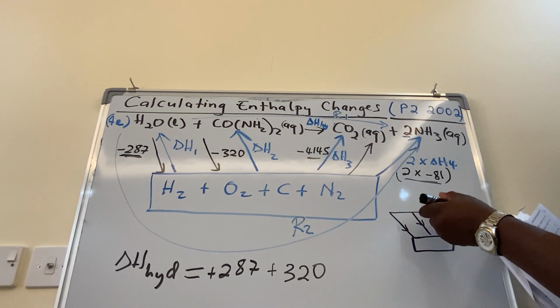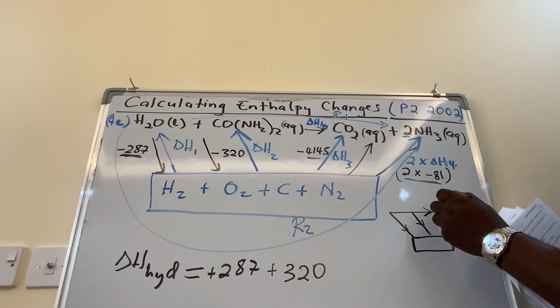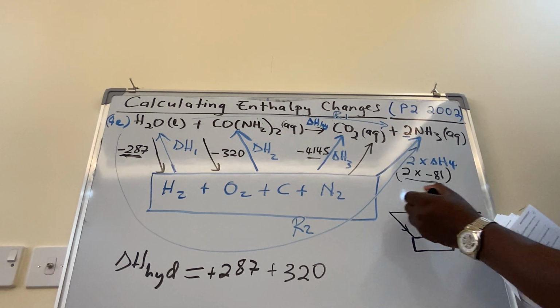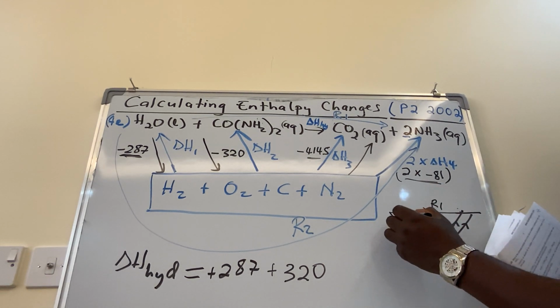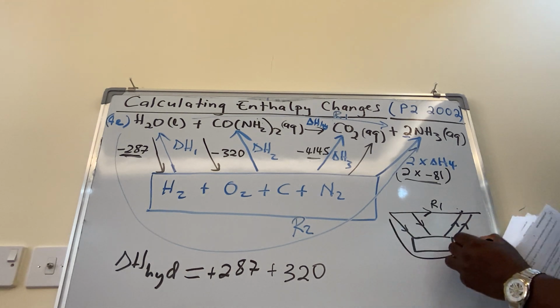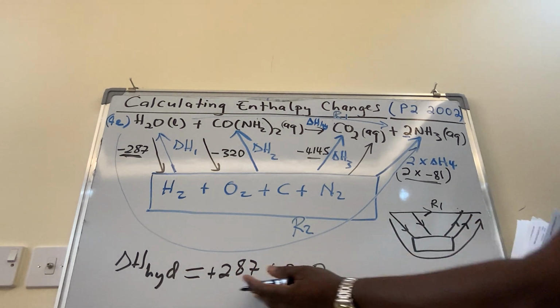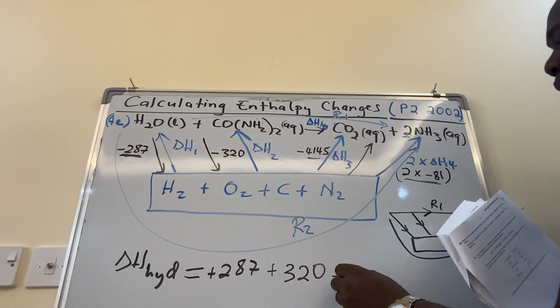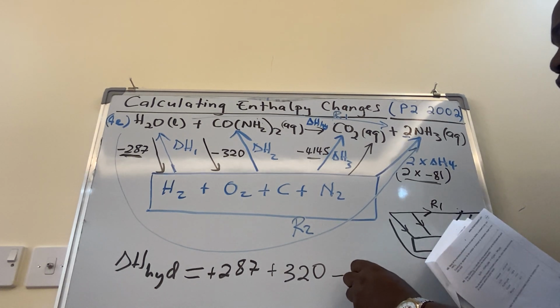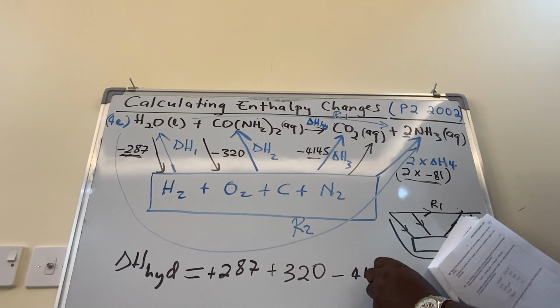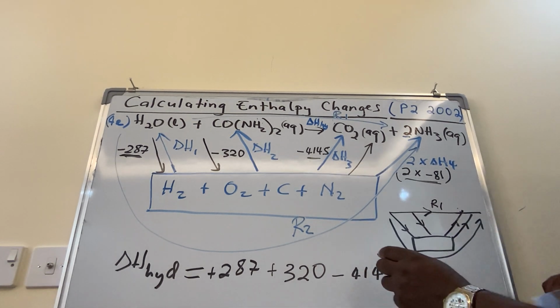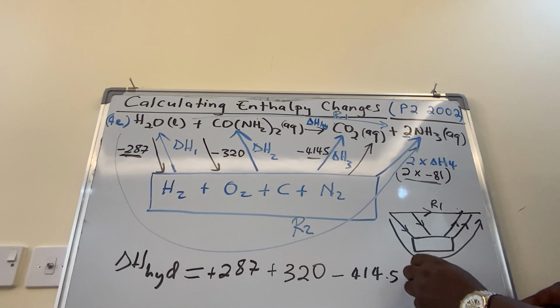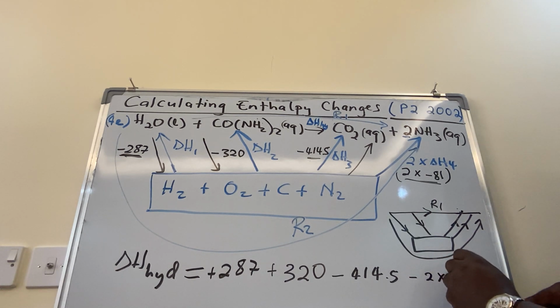According to Hess's law, route 1 going straight is equal to route 2, which we are going to take like that. That's what we are doing here. So here we are simply going to say minus 414.5, and we are also going to say minus 2 times 81.